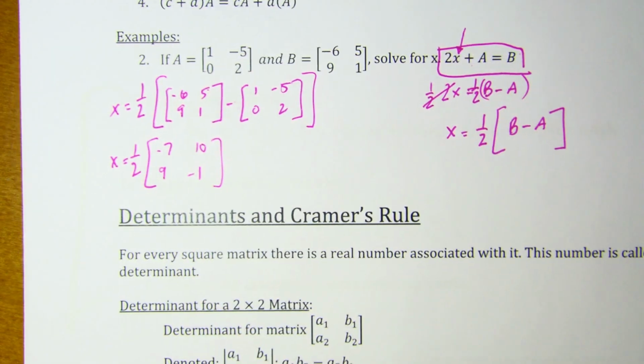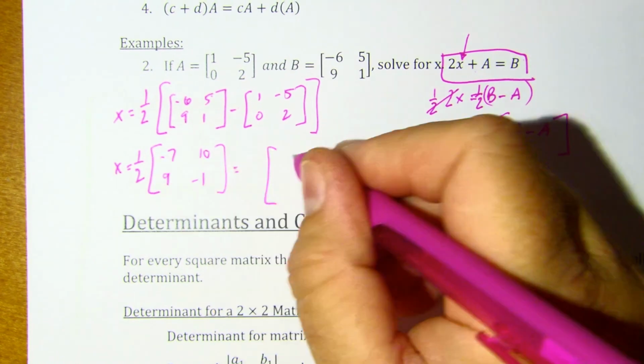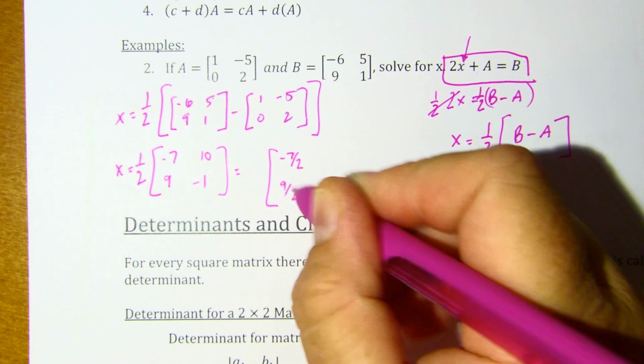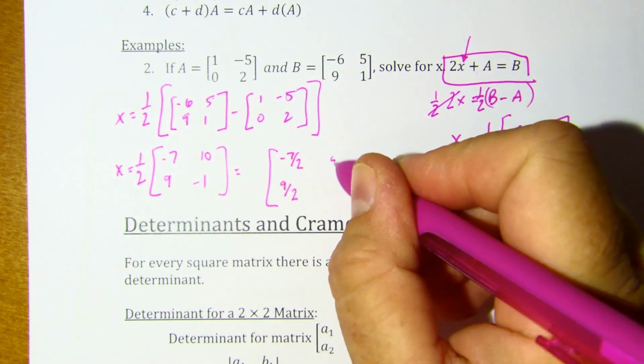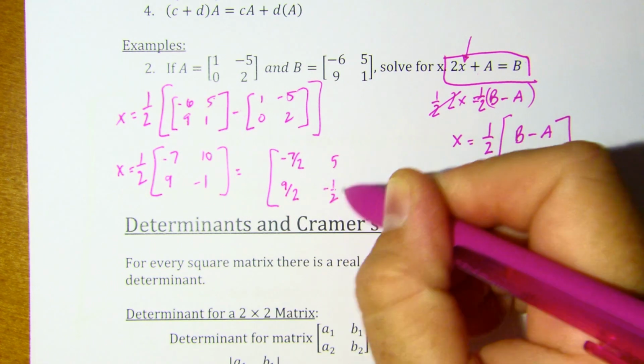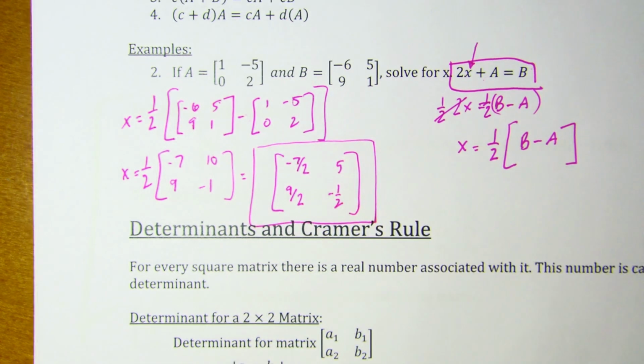So from here, multiplying each of those elements by 1/2, -7 over 2, 9 over 2, 10 divided by 2 is 5, and -1 times 1/2 is -1/2. And that would be our answer.